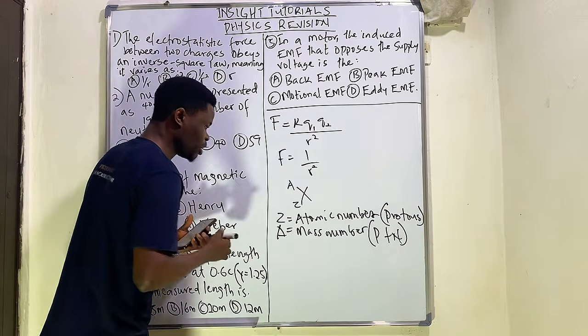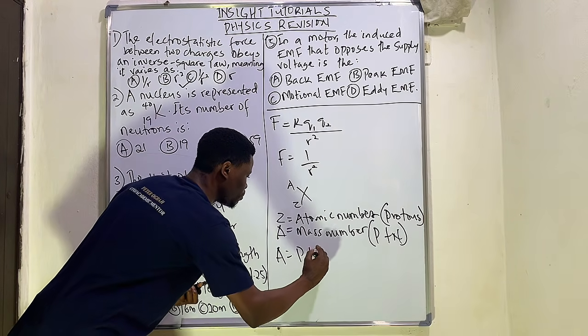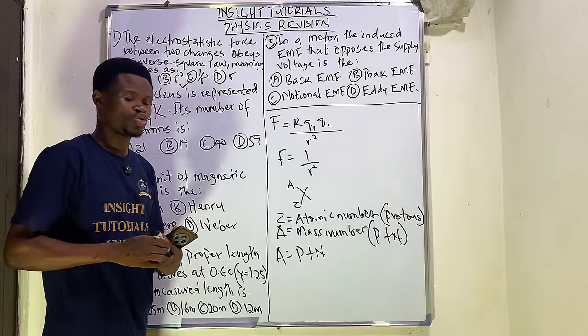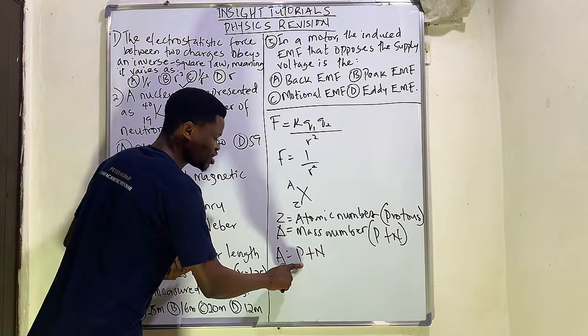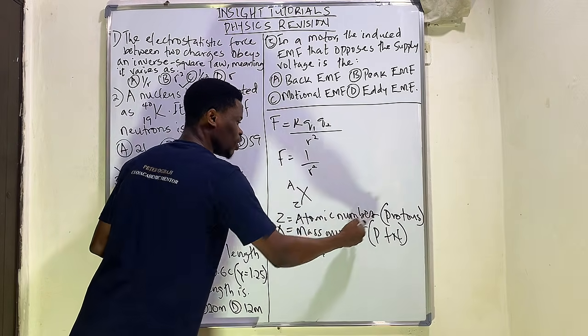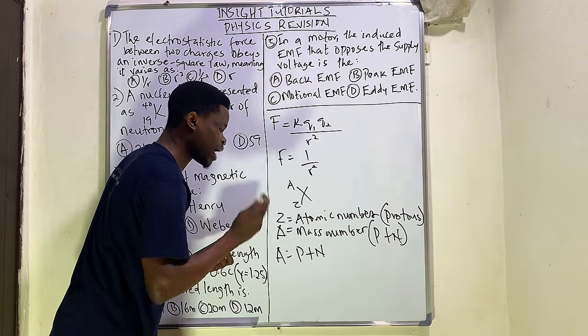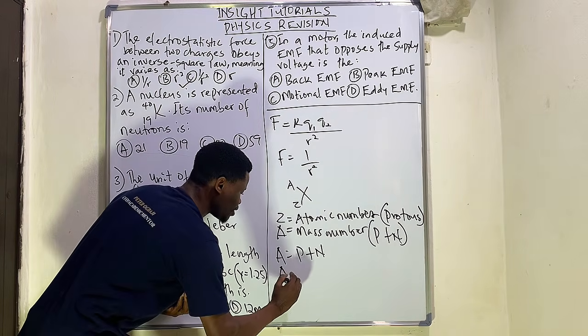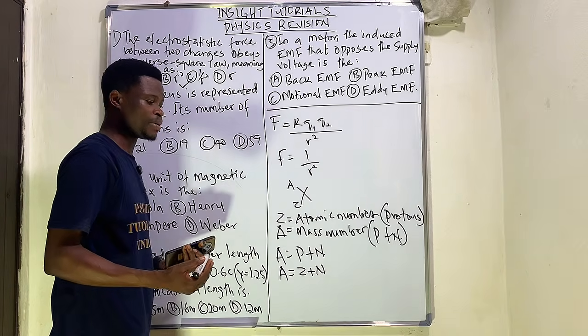Now, for me to get the mass number A, I must add my proton plus my neutron, right? Now, since Z is simply the atomic number, which is the number of protons, I could say that the mass number is Z plus my neutron. I will still be correct.